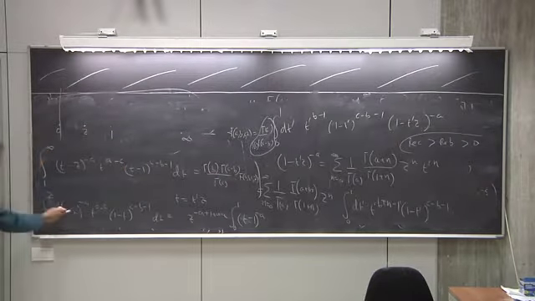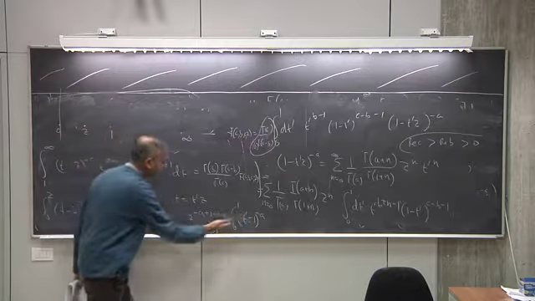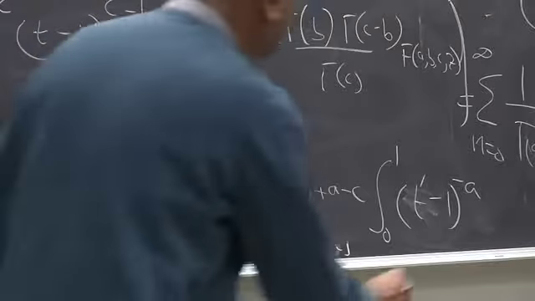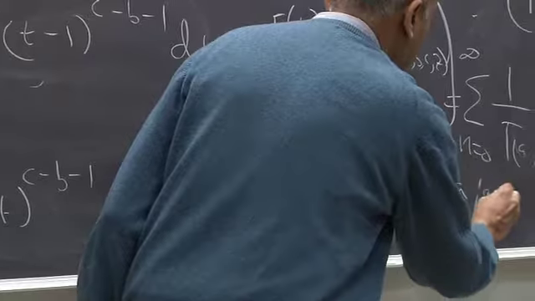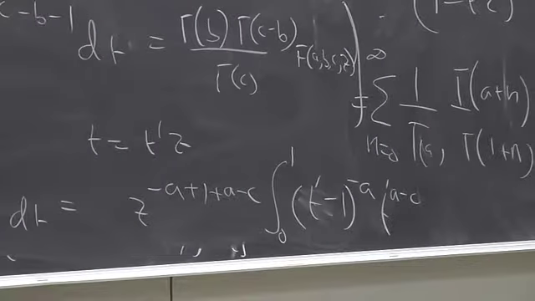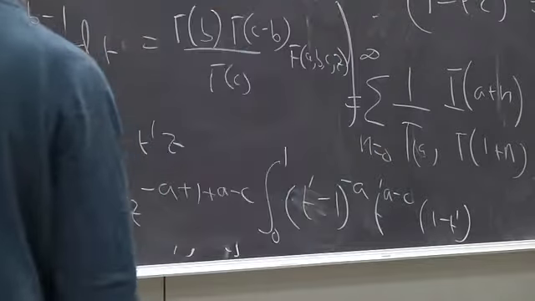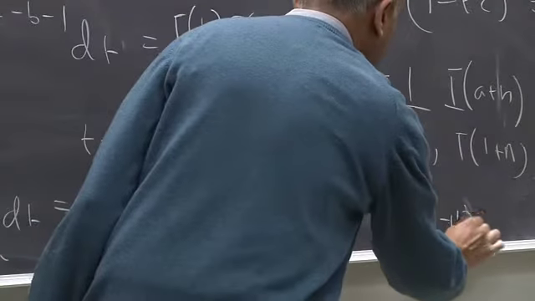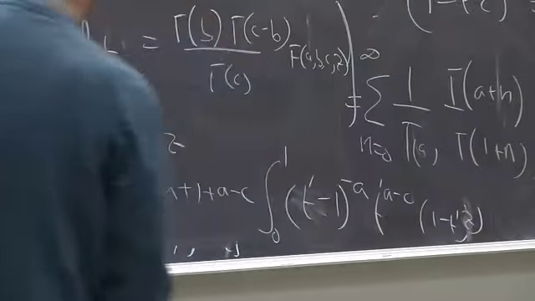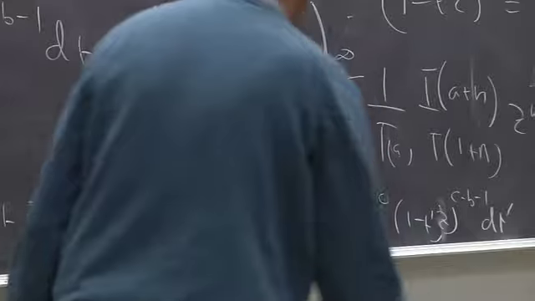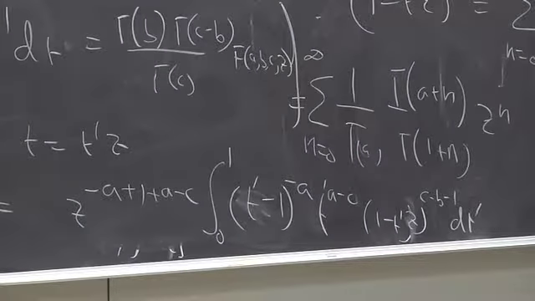Right? I took out t prime to the minus a. Right? From here you get t prime to the a minus c. And then from here you get 1 minus t prime z, 1 minus t prime z to the power of c minus b minus 1 dt prime. Yes, that's what you get.